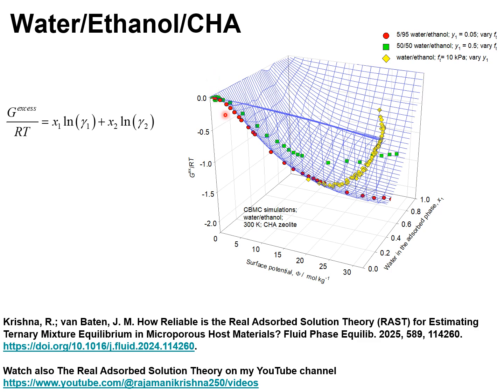The entire CBMC data set resides on a 3D surface mesh that has been generated using the fitted NRTL parameters with 3 different constants: the parameter C, the parameter tau 12, and the parameter alpha 12.